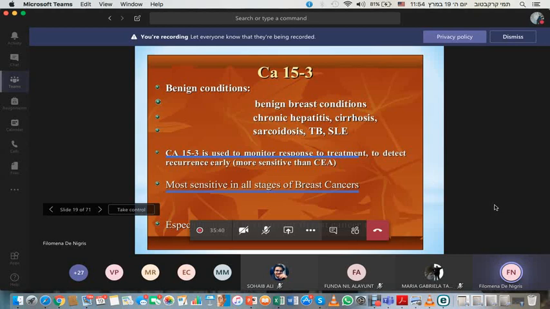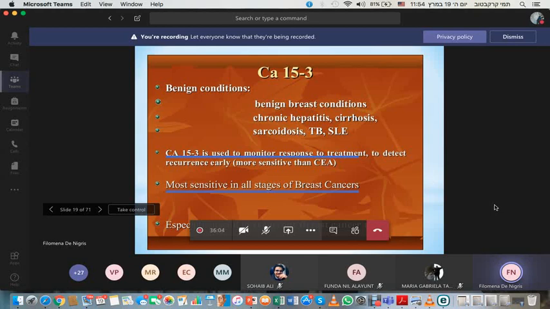So it's not a good marker to make a diagnosis, it's not a diagnostic marker, because it is also present in benign conditions.